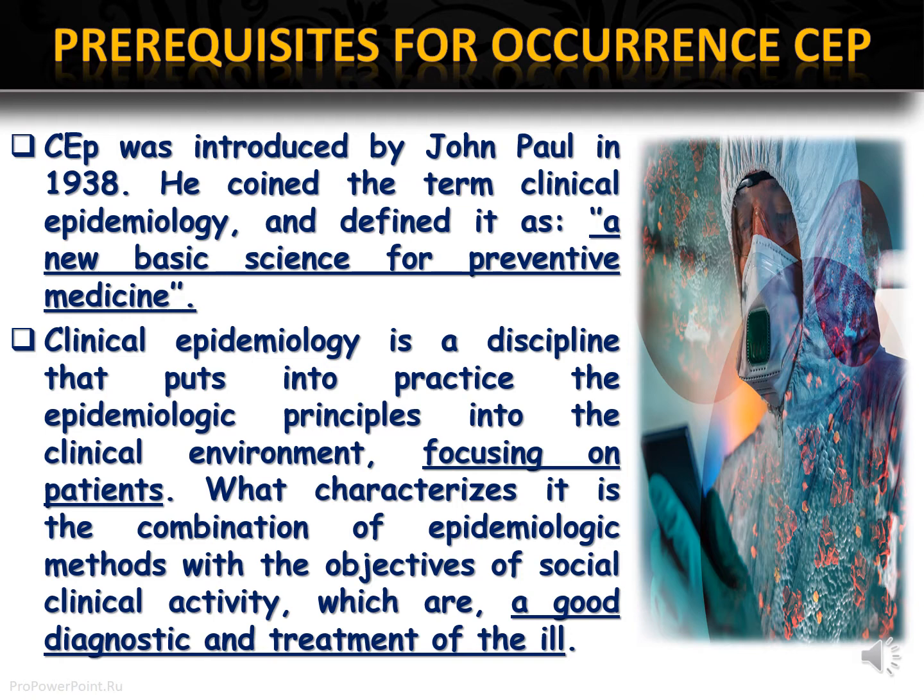The thalidomide disaster played an important role as a first step for forming and developing clinical epidemiology as a science, because this disaster was a very serious trigger for scientists, and they had to protect against situations associated with using different drugs.